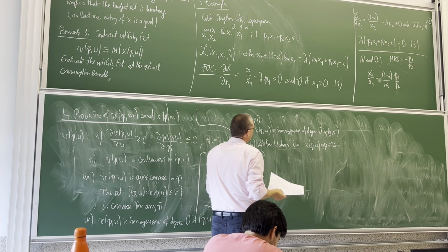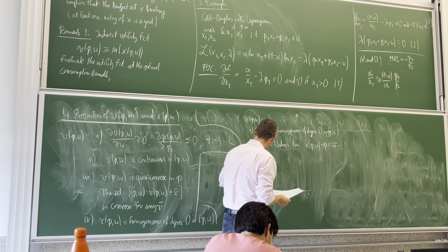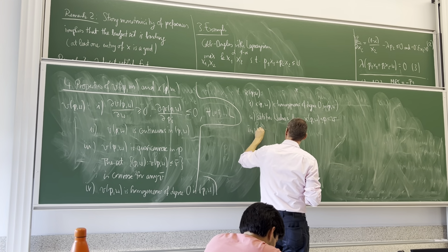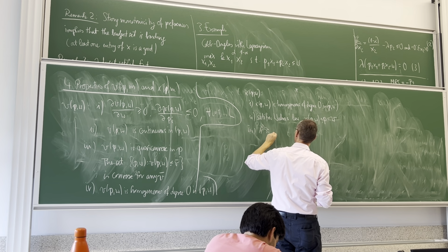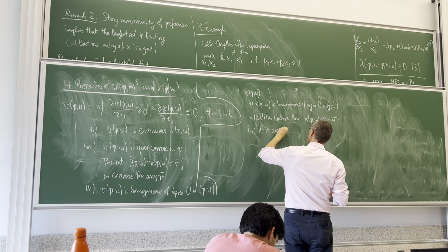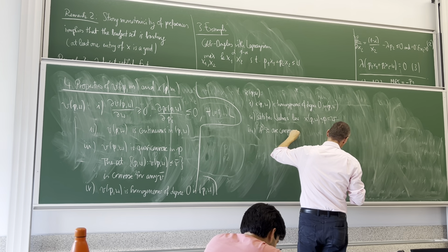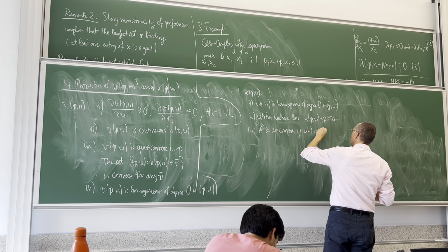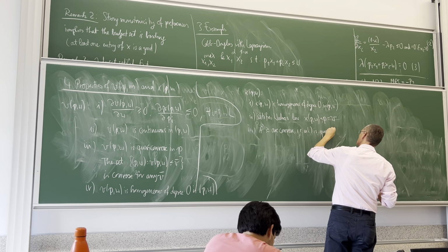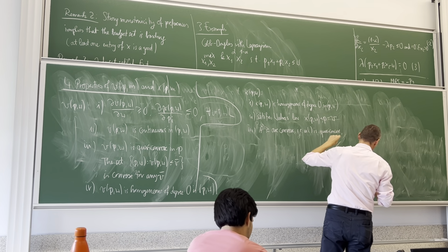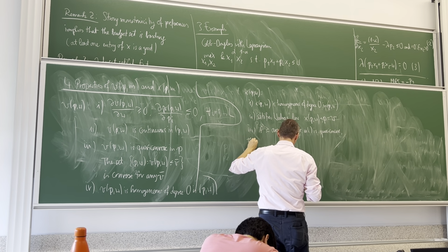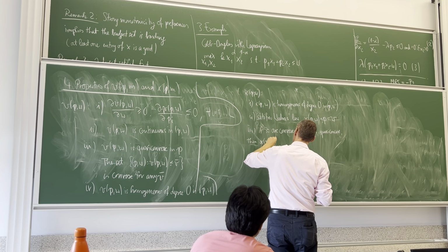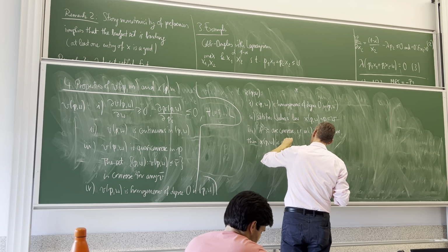So some of these properties are either very simple or obvious, some of them we will see later on how useful they are. If preferences are convex, so U is quasi-concave, then X(P, W) is a convex set.